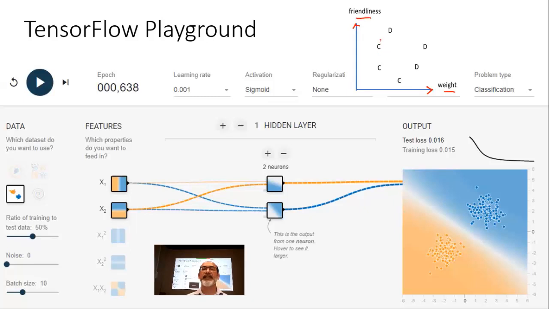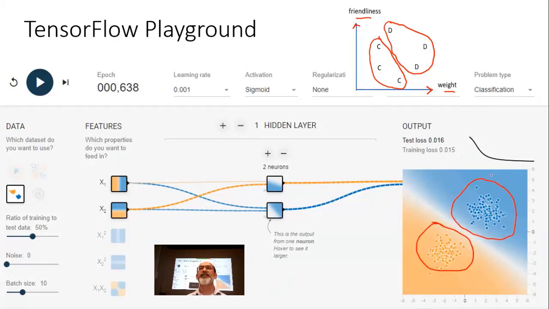We said that we could perhaps categorize the cats over here and the dogs over here if they were linearly separable. So this is an example in which they have used a bunch of data. You can see one category of creatures, you might call them cats, and the other category is displayed, and they're linearly separable.